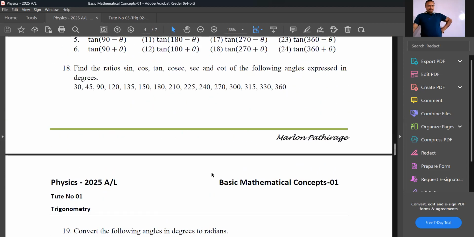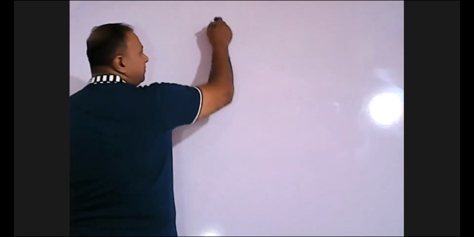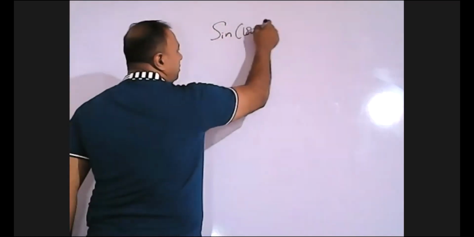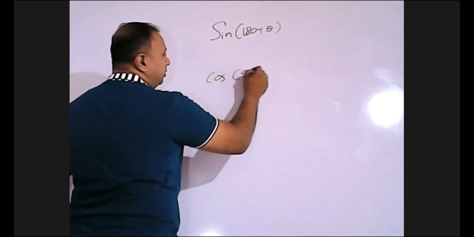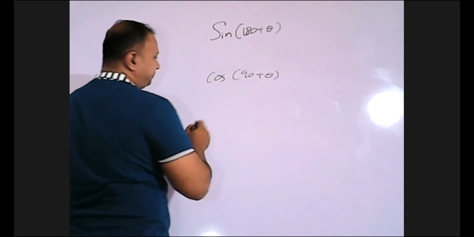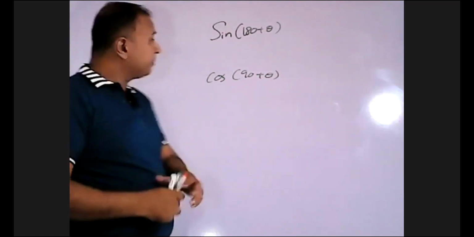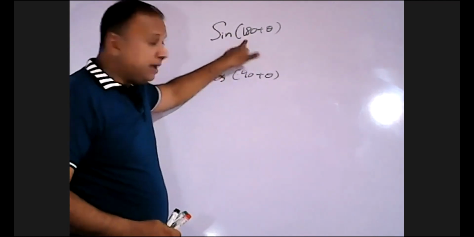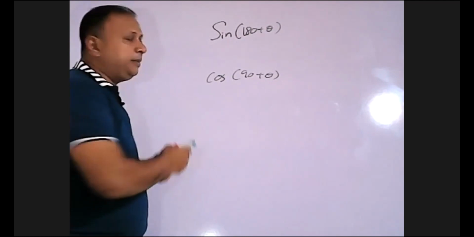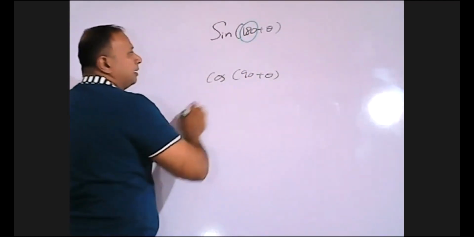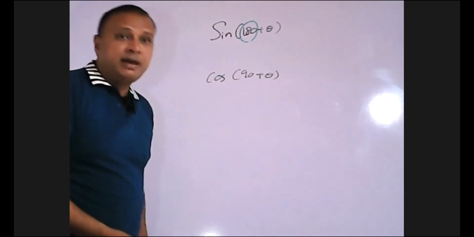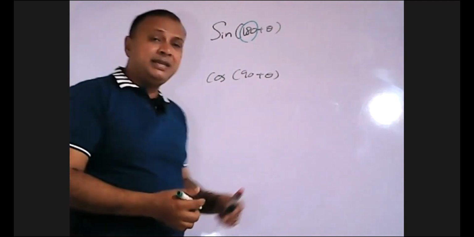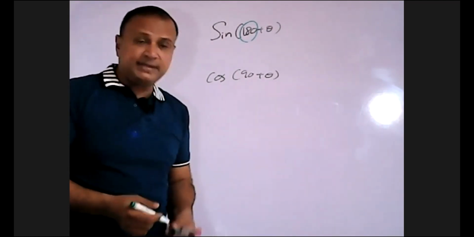First, I will explain. Suppose there is an even multiplication of 90, meaning 90 into 2, 90 into 4, 90 into 6, something like this.